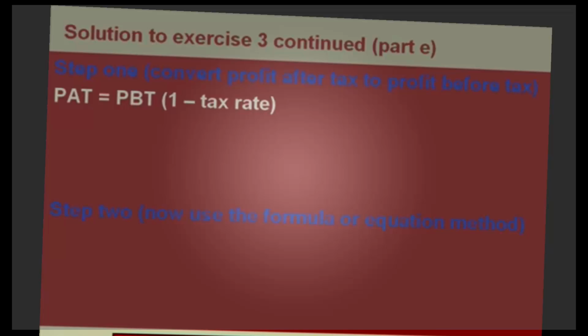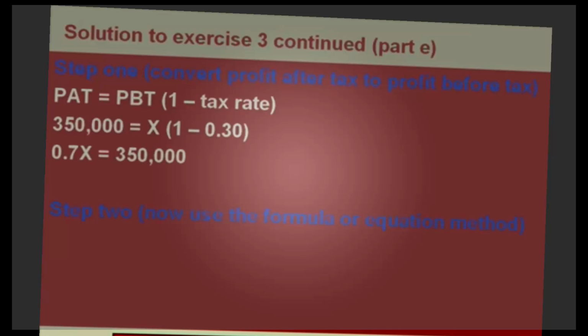So PAT, profit after tax, equals PBT, profit before tax, times 1 minus tax rate. 350 is the profit after tax, equals, let's take the profit before tax as X because we don't know it, times 1 minus, tax rate is 30% or 0.3. So 1 minus 0.3 is 0.7. So 0.7x is 350. So x is 500,000. That's the number you have to use in the equation or the formula.